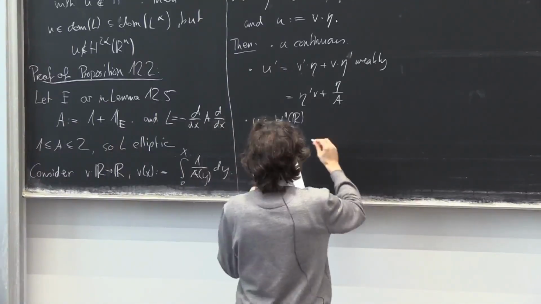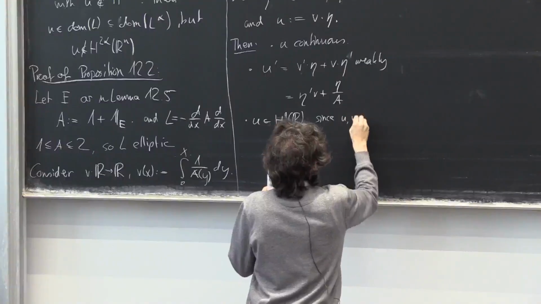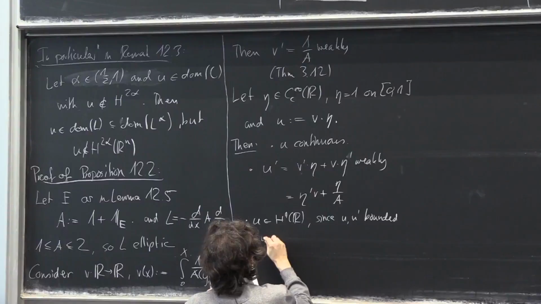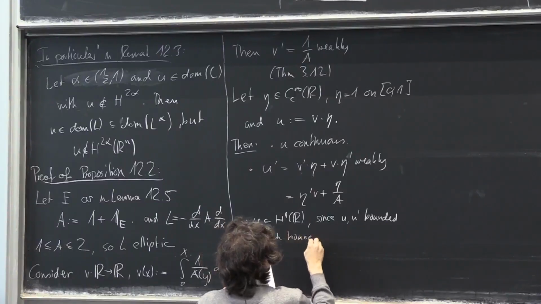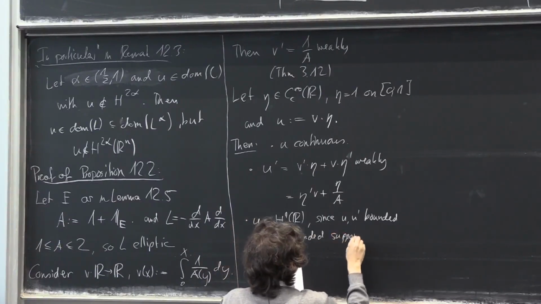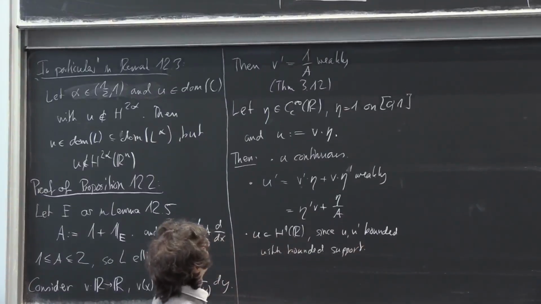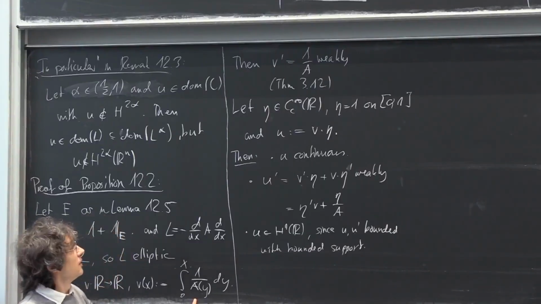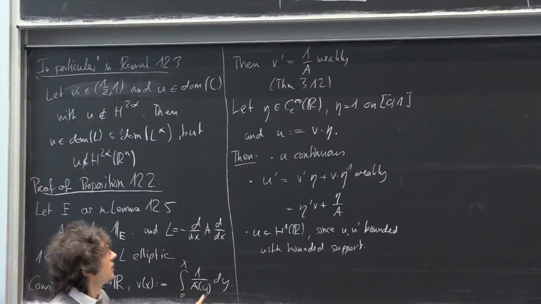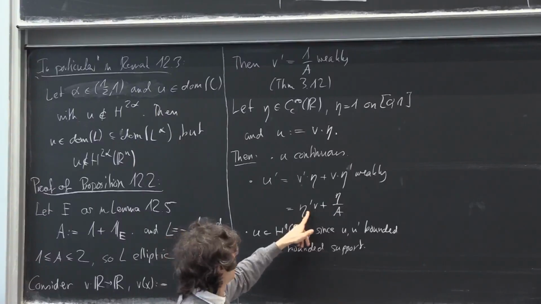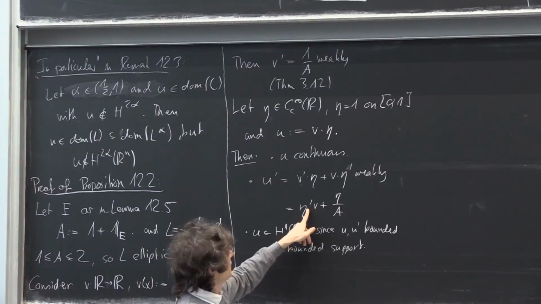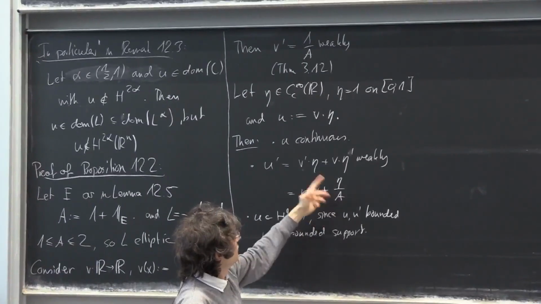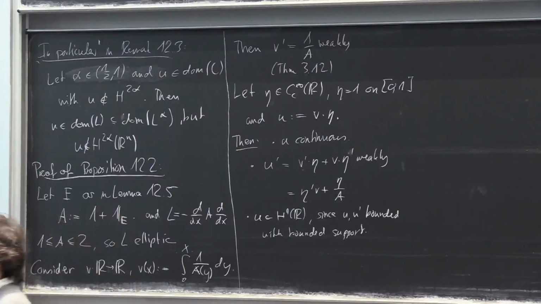So this is in H1 since u and u prime are both bounded, and you have bounded support, given by eta. u is v times eta. v is a continuous function, and on the support of eta this is bounded. And for u prime, eta prime is bounded, and this is again v times something with compact support, so this is bounded. Eta is bounded, and 1 over a is bounded.